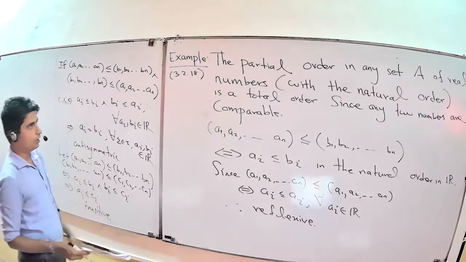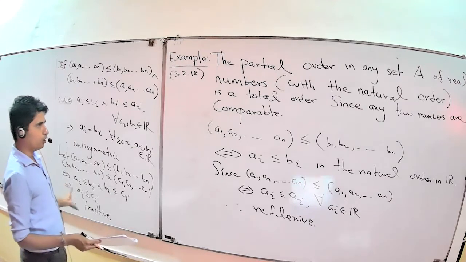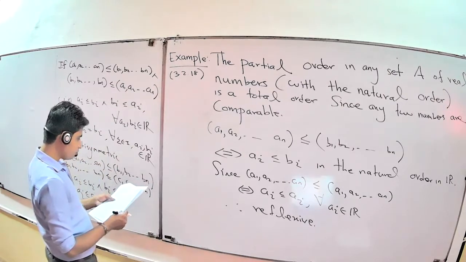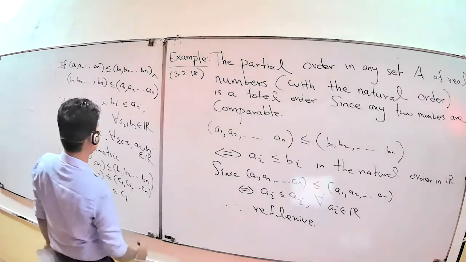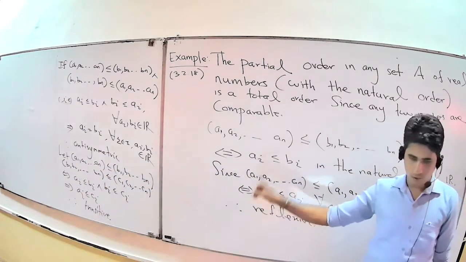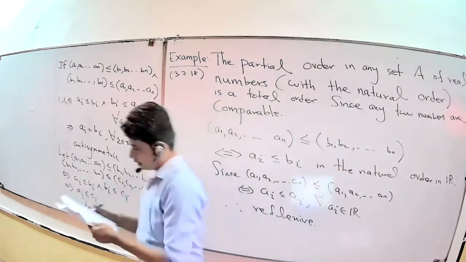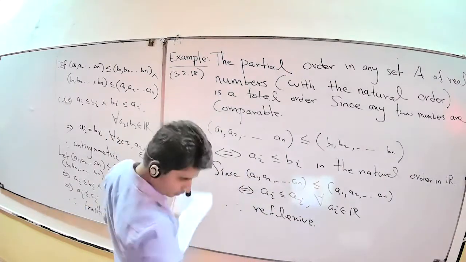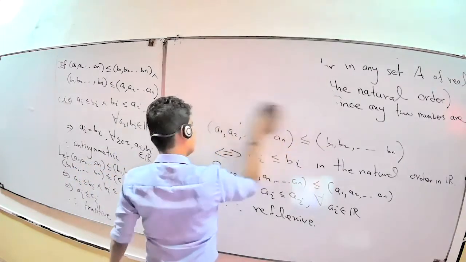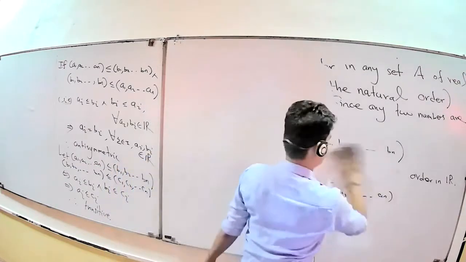Therefore, this partial order in any set A of real numbers with the natural order is a poset. Each of the elements is comparable, therefore it is a totally ordered set.